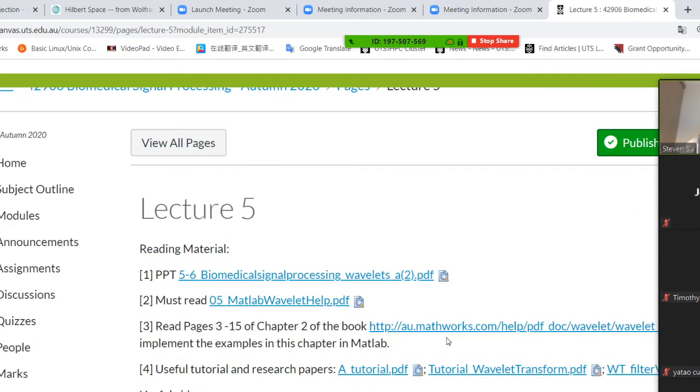I think I put a lot of reading material and video. This is a very important thing for understanding wavelets. So maybe we look at a tutorial material.